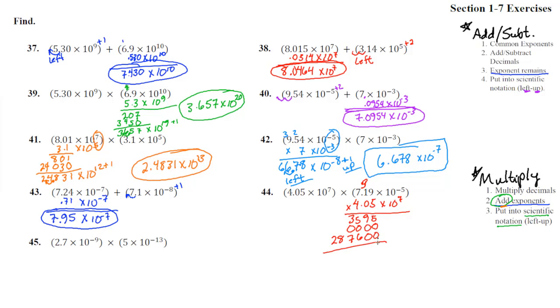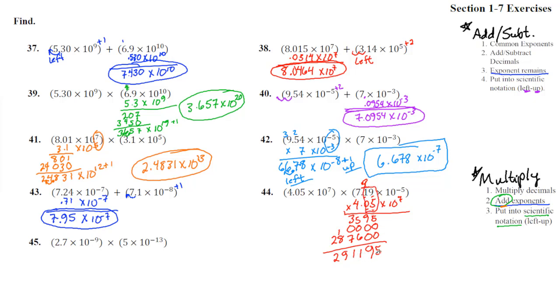Add all that up. 5. 9 plus 0 plus 0, that's 9. 5 plus 0 plus 6, that's 11. And 1 plus 3 plus 0 plus 7, that's 11. That's a 9, and that's a 2. Okay, we have 1, 2, 3, 4 digits behind the decimal.